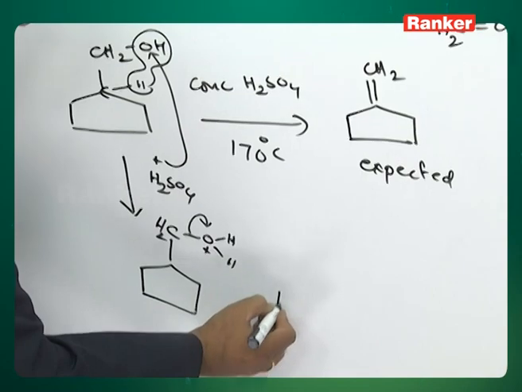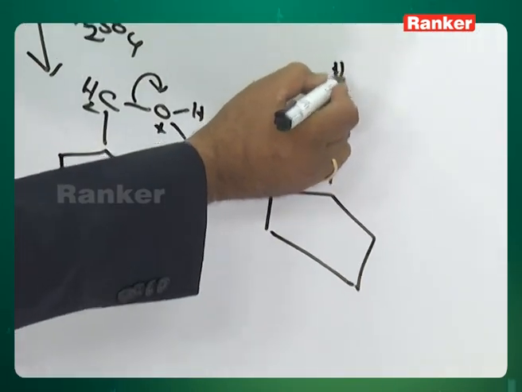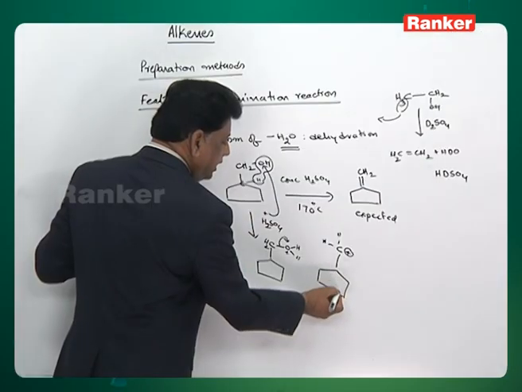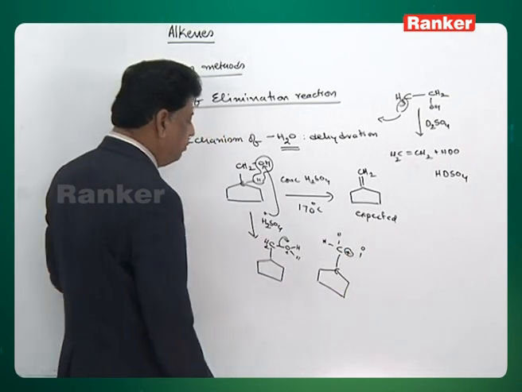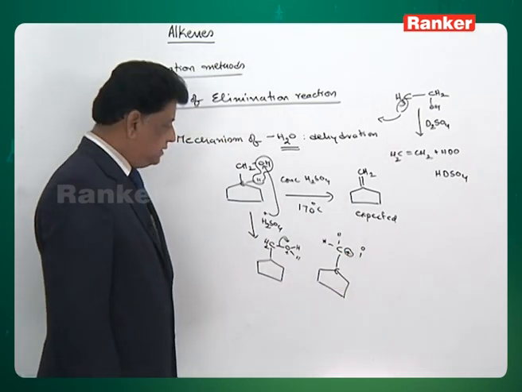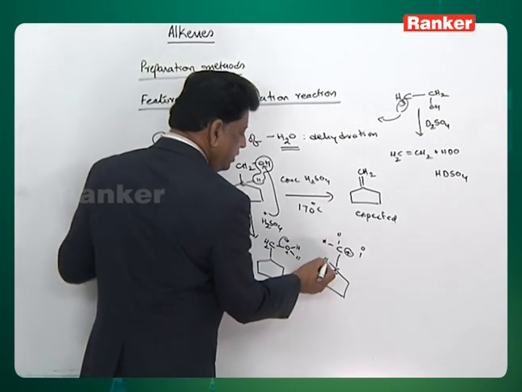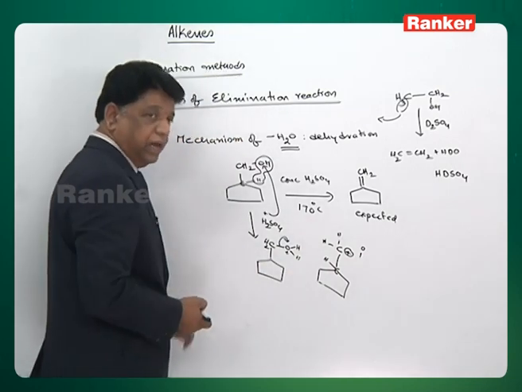So, let me write it separately: the carbon containing 2 hydrogens, but there is a positive charge. What is the degree of this carbon? It's a 1 degree. 1 degree carbocations are not that stable, isn't it? So, we have a chance of one hydrogen jumping here, so that a 3 degree carbocation is formed.